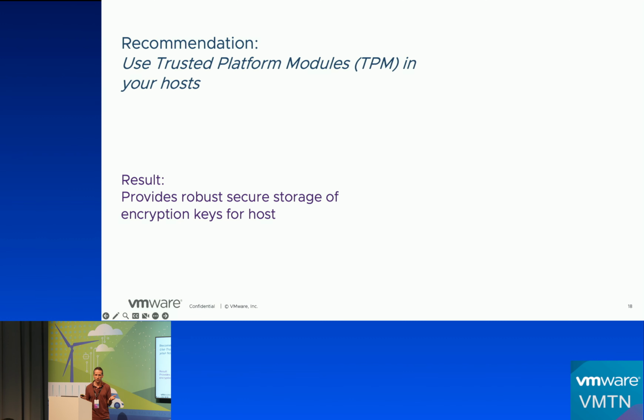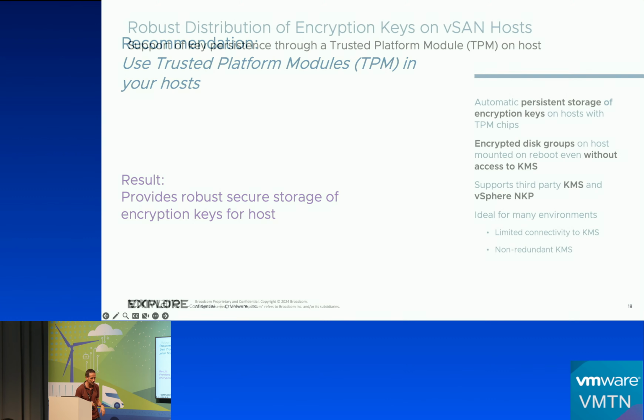They're only about $50 within the specifications of a BOM, and it's going to give you this ability to persist these keys that are stored from your key management server or the native key provider within the vCenter server, so that you are not depending on that vCenter server for issuing the key in the event that you need to reboot a host, but the key server is not available and so forth. It's the greatest form of durability that you can provide. I just would really highly recommend it.